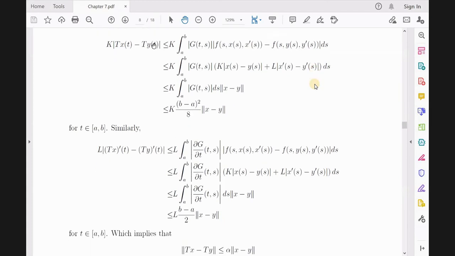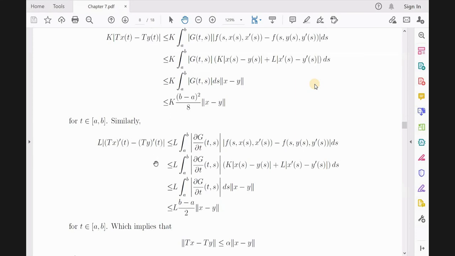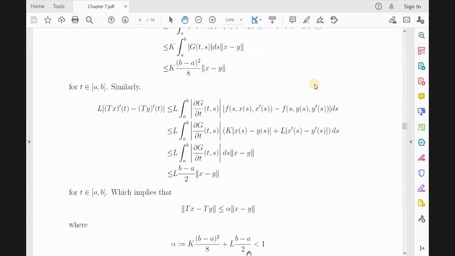Now from these two inequalities you can see norm of Tx minus Ty is less or equal to alpha into norm of x minus y, where alpha is K into (b minus a) squared over 8 plus L into (b minus a) over 2, and this is less than 1.